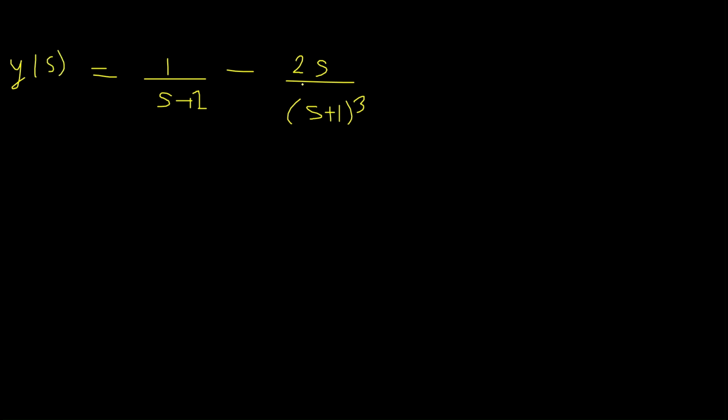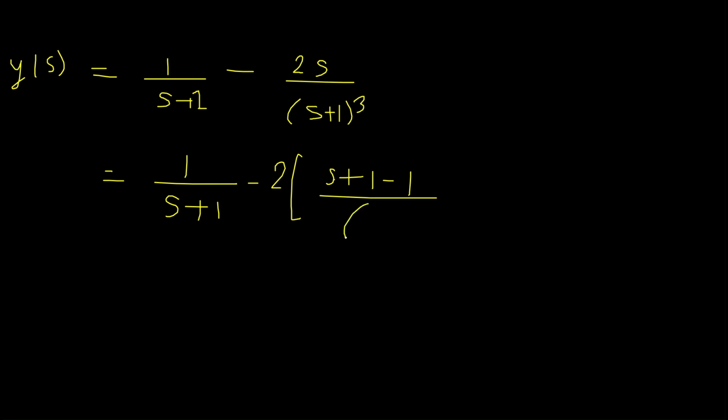Now we need to simplify this a little bit further. We can write it once again as 1 upon s plus 1 minus 2 times s plus 1 minus 1 divided by s plus 1 whole cube.